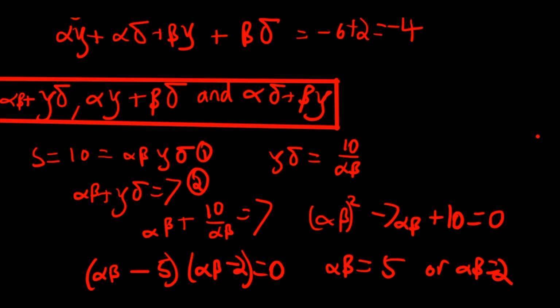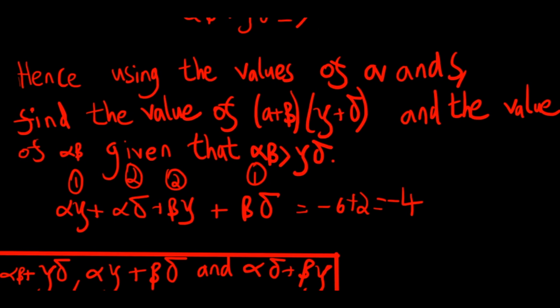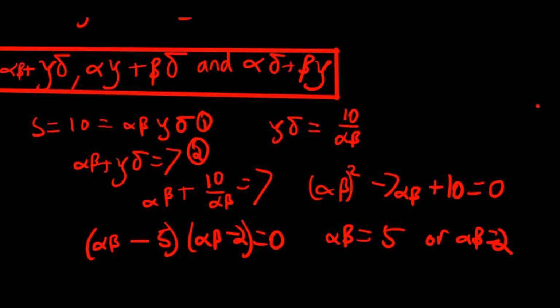And so one of these roots is the value of alpha beta, and then the other root is the value of gamma delta. However, we need to decide which one it is. And if we scroll back up to the question, we can see that we are told alpha beta is greater than gamma delta. And so alpha beta is the value of the greater root, and so alpha beta is equal to 5.